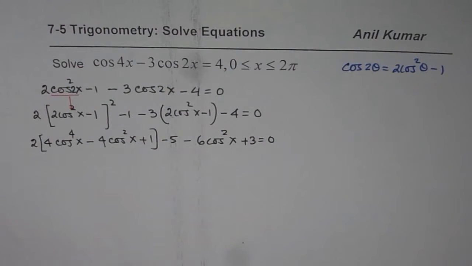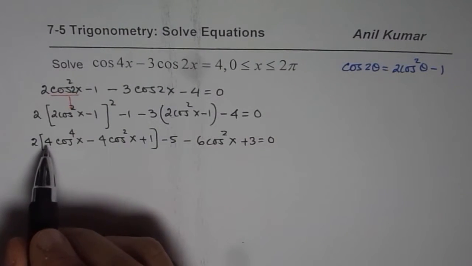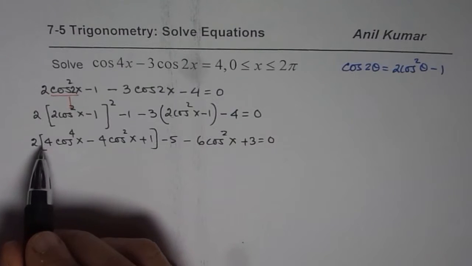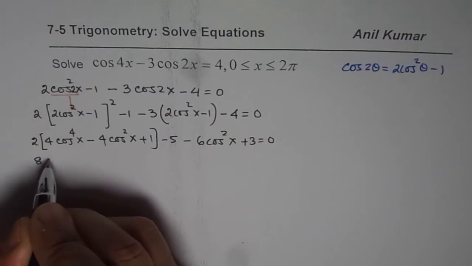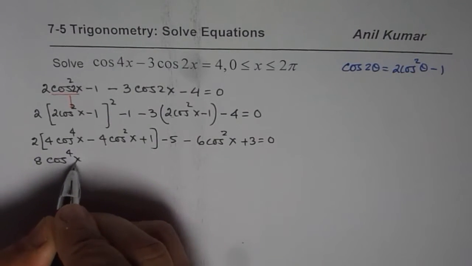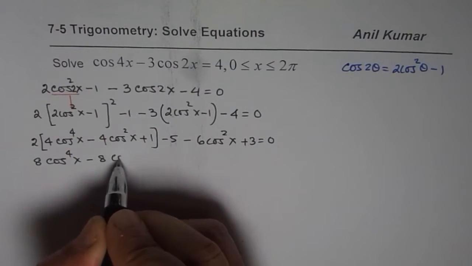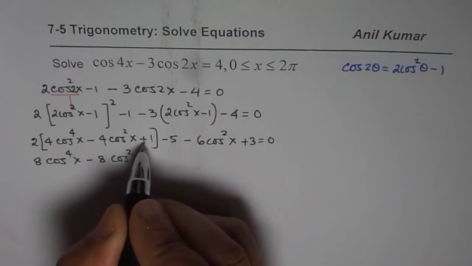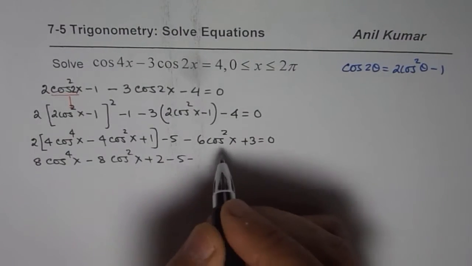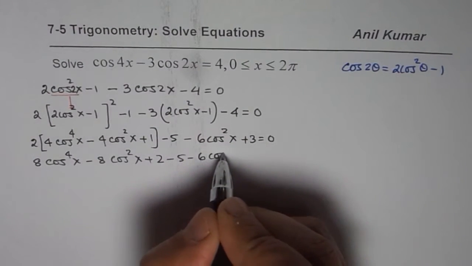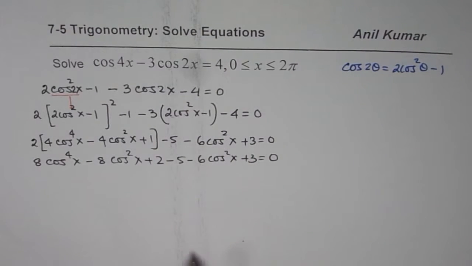So we get this equation in degree 4. Let me open these brackets further and see what we get. So 4 times 2 is 8, so we get 8 cos to the power of 4 x, and this is also minus 8 cos square x, and 2 times 1 is plus 2. We have minus 5 minus 6 cos square x plus 3 equals 0.